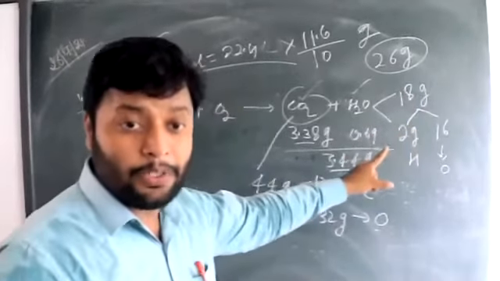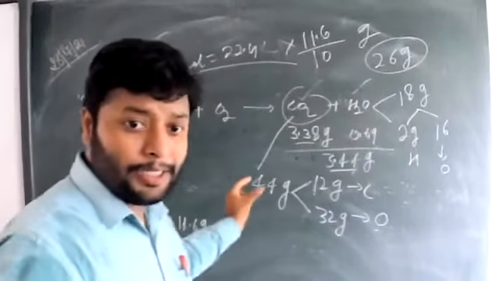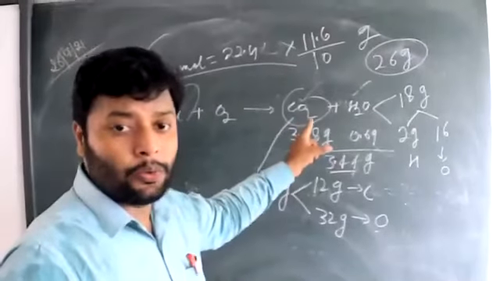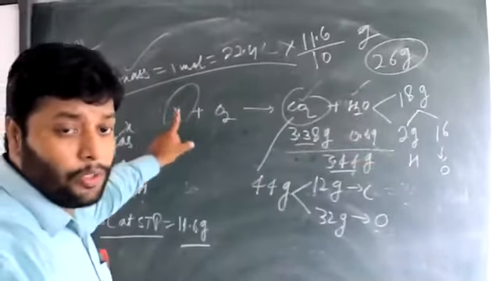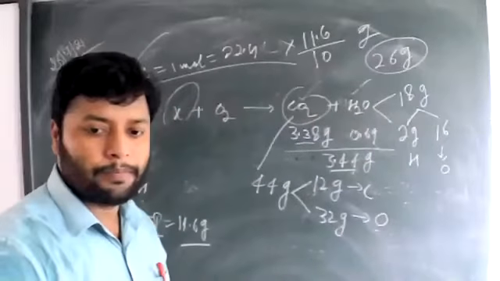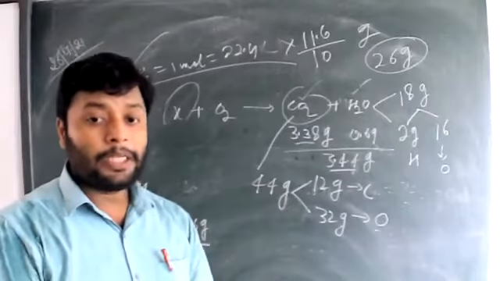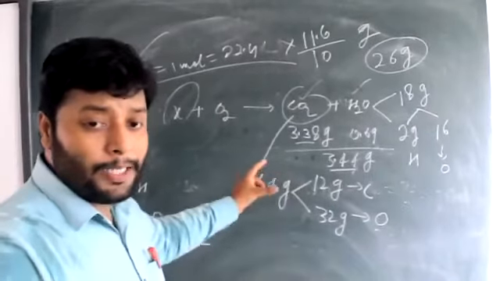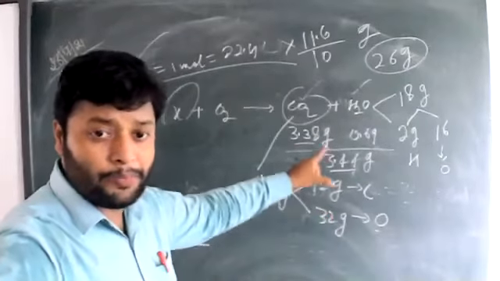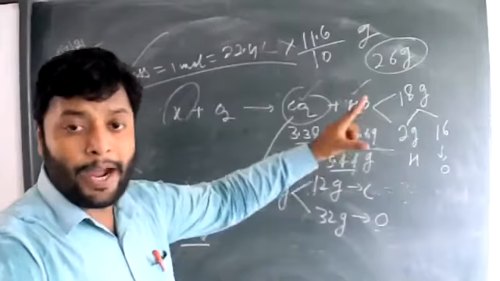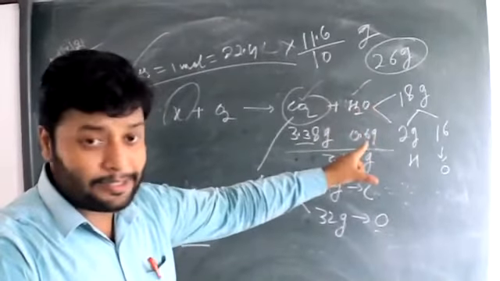That leaves you the percentage of hydrogen in water and percentage of carbon in CO2. What percentage of oxygen in CO2 in 44 gram, the same percentage will be in 3.38 gram. What percentage of oxygen in water, the same percentage will be in 0.69 gram.